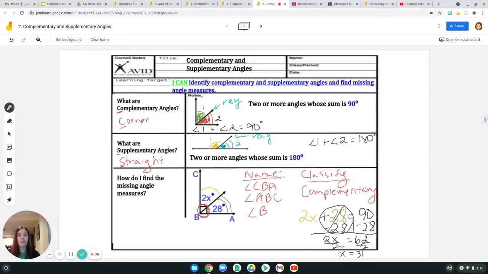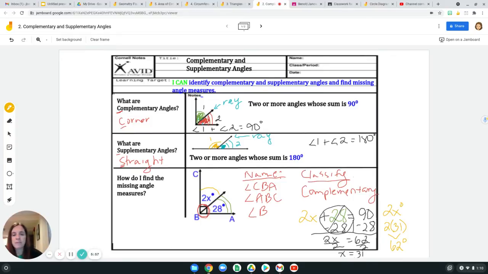Now, we need that 31 so we can find the measure of our first angle, 2x. So our first angle is 2x degrees. We can now find out how big that is by doing 2 times 31. And 2 times 31 is 62.